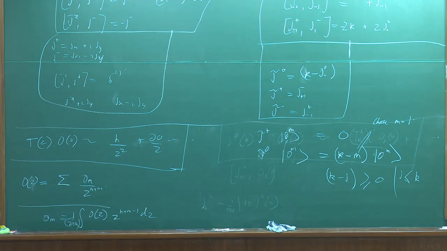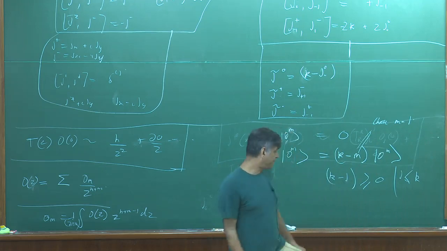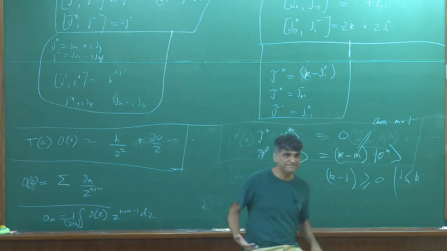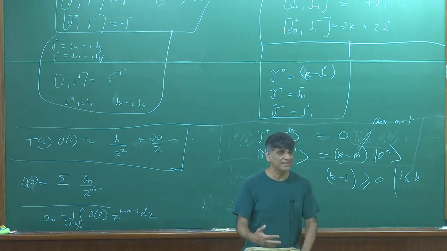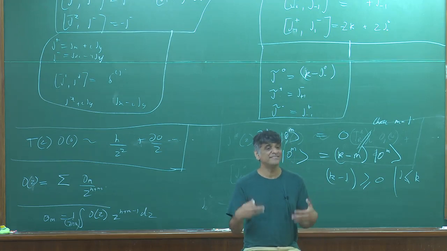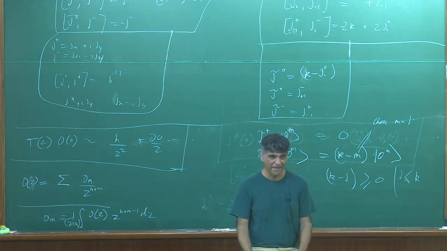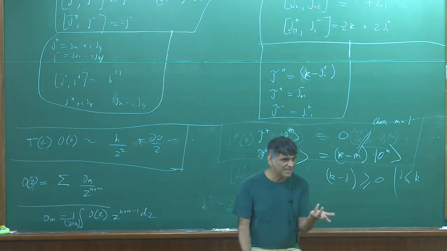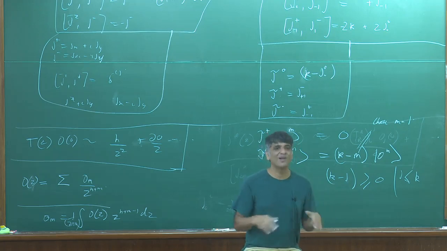And so we come to this remarkable conclusion that primary operators in a theory with current algebra of level k have to have j less than or equal to k. We've explained this in the context of SU2. A similar result is true for all groups.